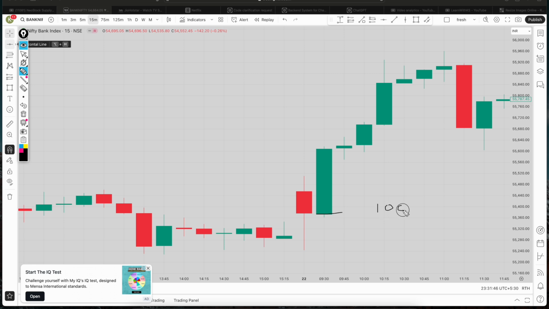It opened at 100 rupees here, and then we have different levels: plus 10, plus 20, plus 30, and one final level, plus 40. Now let's see what really happened in this candle.